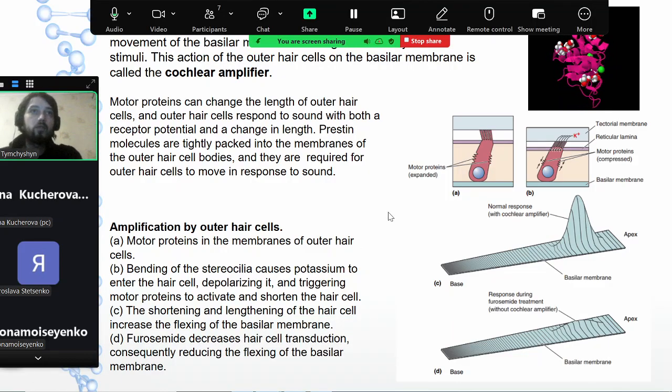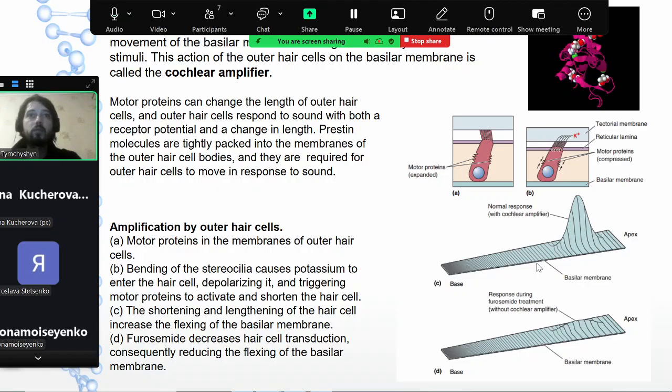That's what I told you regarding sound, from the ears of dogs and humans and so on. Here you see a picture of the membrane vibrating, and you see how it looks if we have no outer hair cells and when we have them in place. So, much larger amplitude.